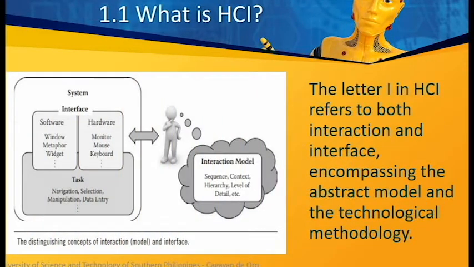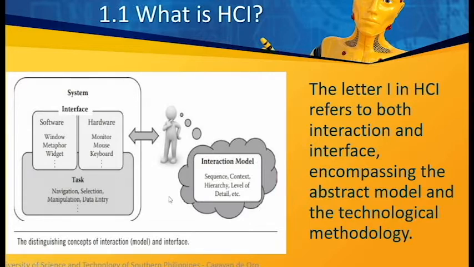Here, the letter I in HCI refers to both interaction and interface, encompassing the abstract model and technological methodology. As you can see here in the figure, it surrounds the interaction and the interfaces. For example, if you're trying to work with Microsoft Word, you need the interface. For interface software, you need Microsoft Word for you to work on.